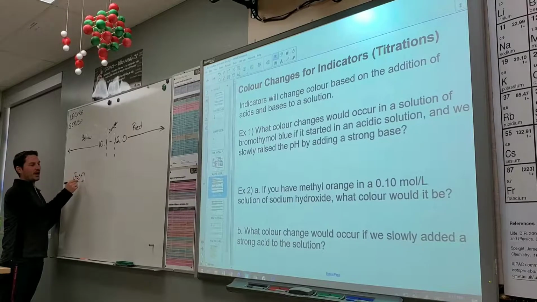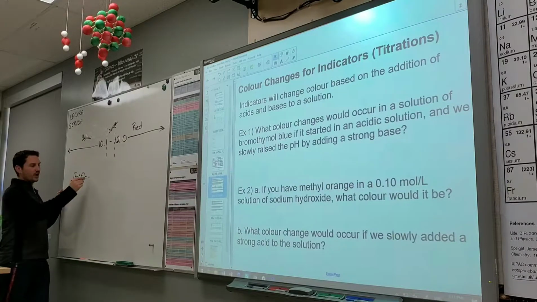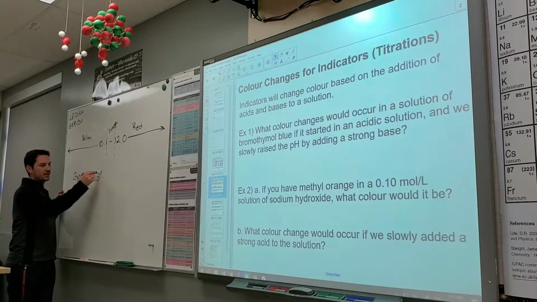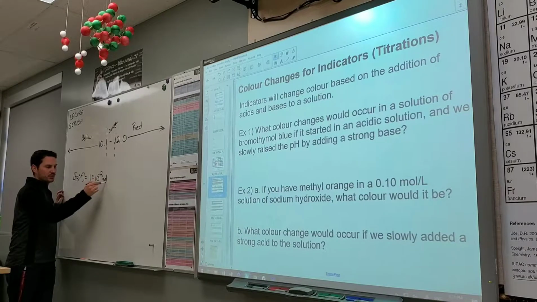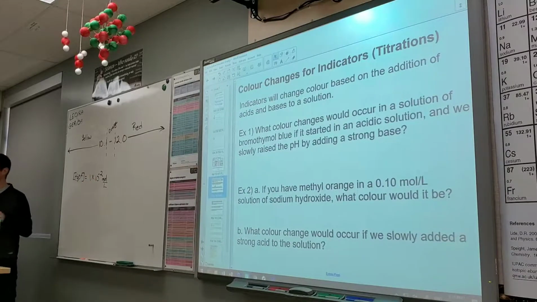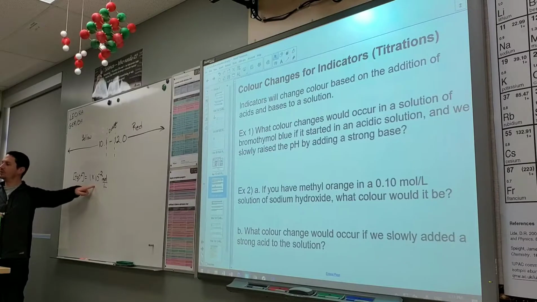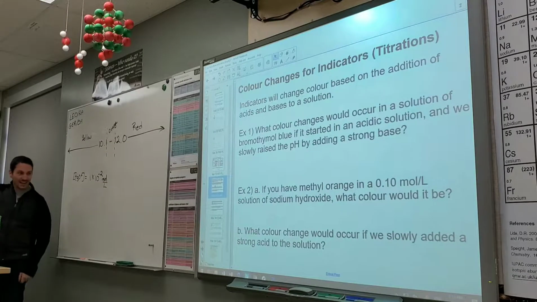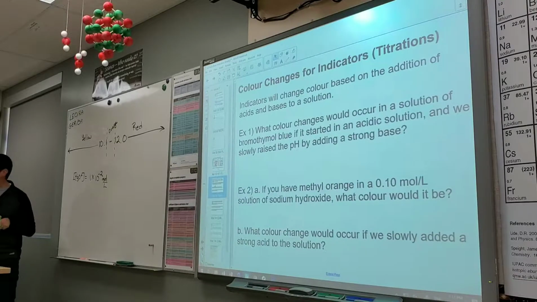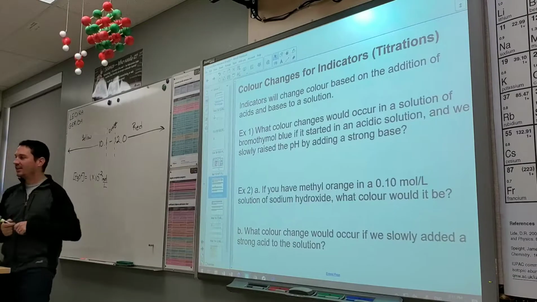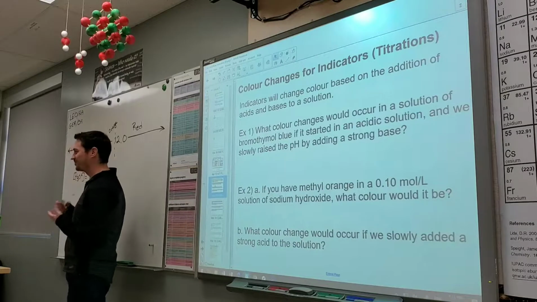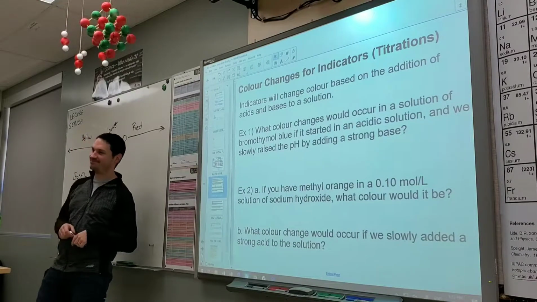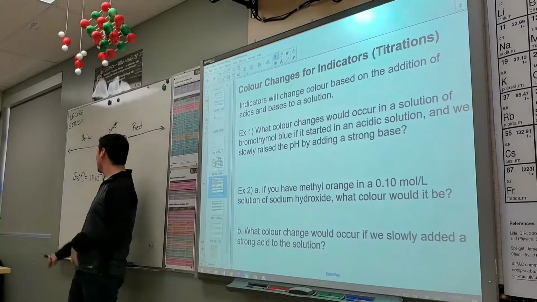Let's say we had a hydronium concentration of 1 times 10 to the negative 2 moles per liter. What color would this solution be if you put alizarin yellow? No, that would be a base. I don't know. You tell me. Let's think about this.